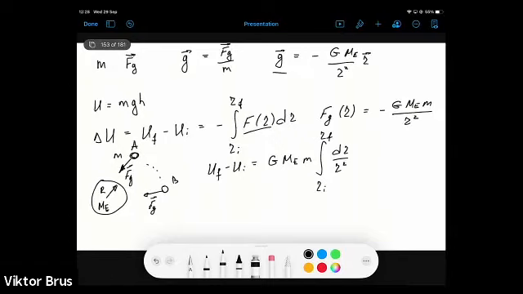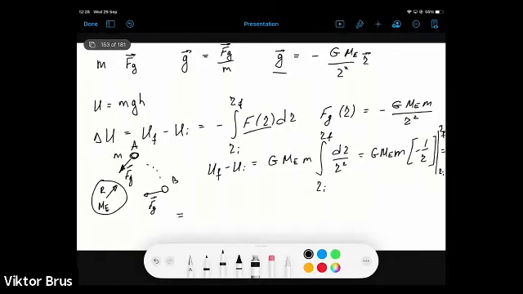So if we integrate this, we will get the following. Our constants first, then we have minus 1 over r from r initial to r final.